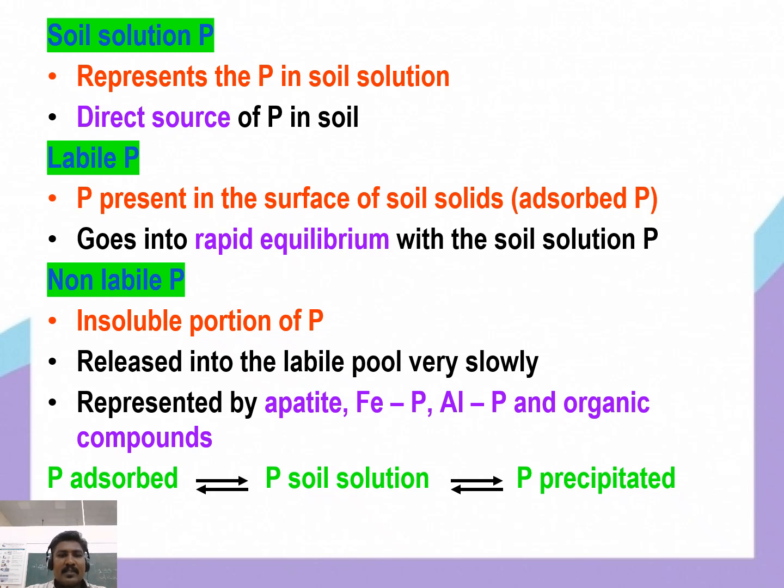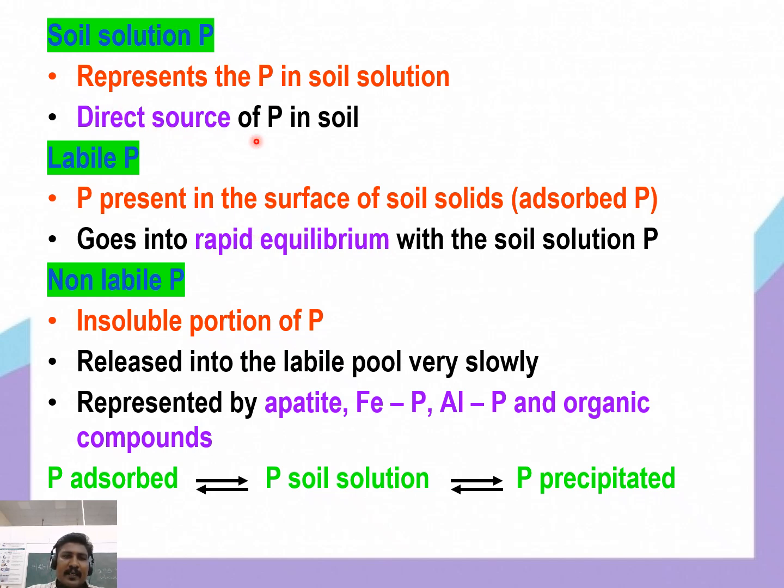And labile phosphorus is adsorbed, not absorbed, on the surface of soil solids, just in physical contact with the soil particle. Anytime, detachment can happen between the soil particle and the phosphorus element. They go into rapid equilibrium with soil solution. So both will reach equilibrium.